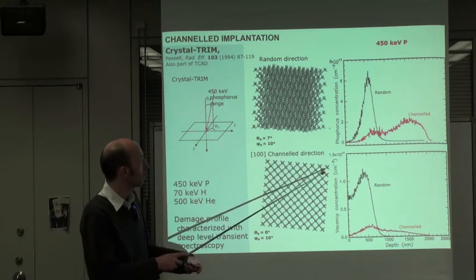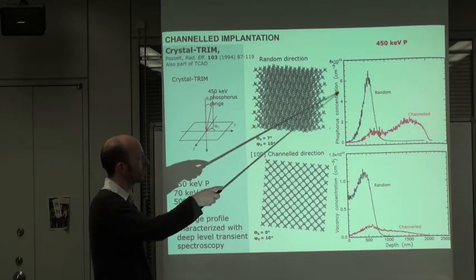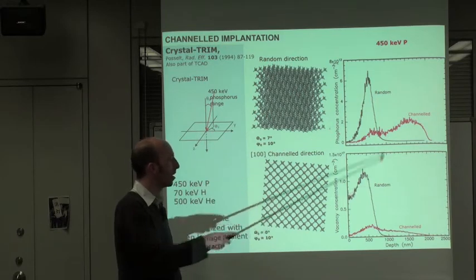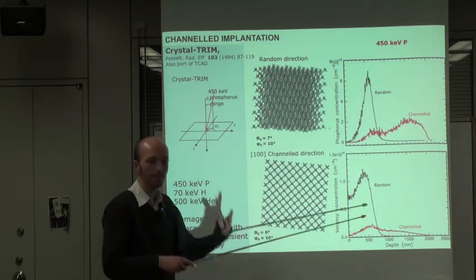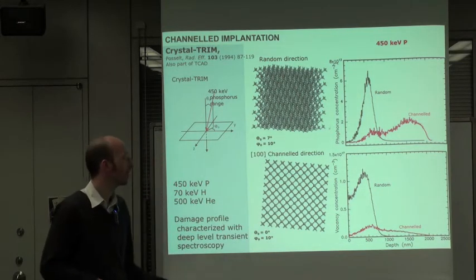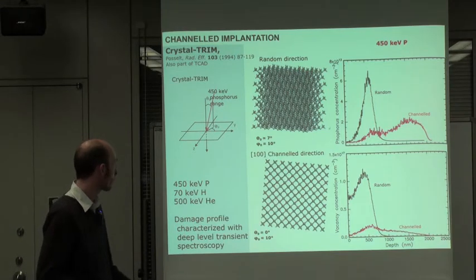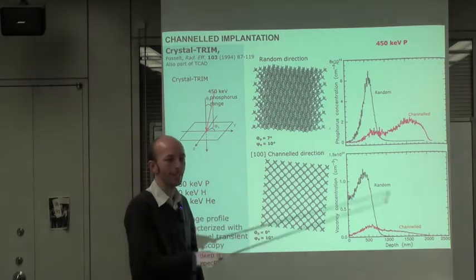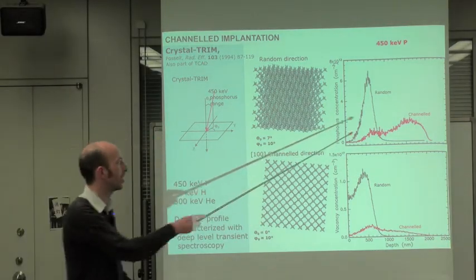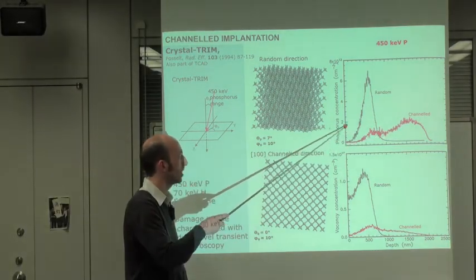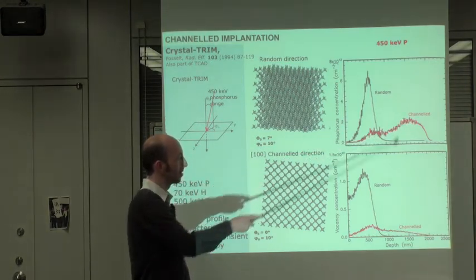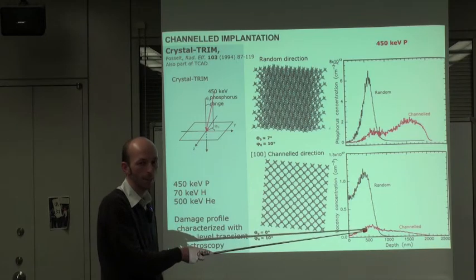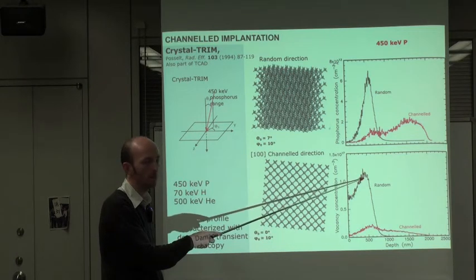So this is the phosphorus concentration and the vacancy profiles for both random and channel directions. And you can see there's obvious differences between the profiles there. We were perhaps initially interested in channeling because the damage created is much less than in the random direction.